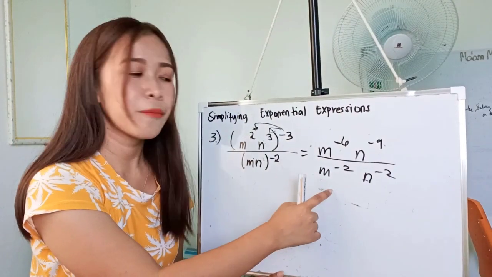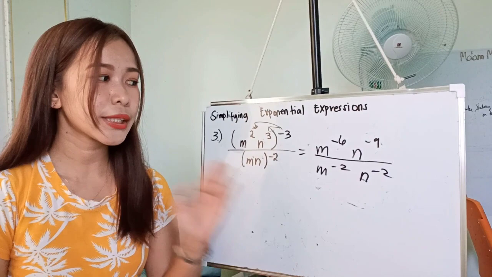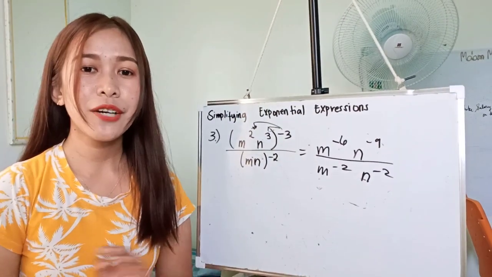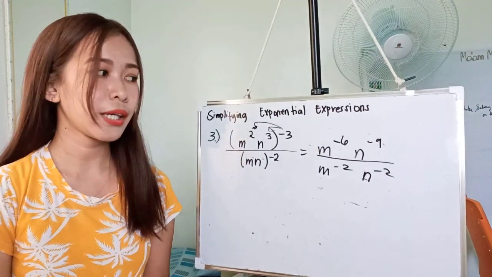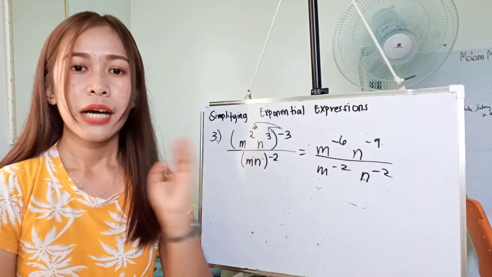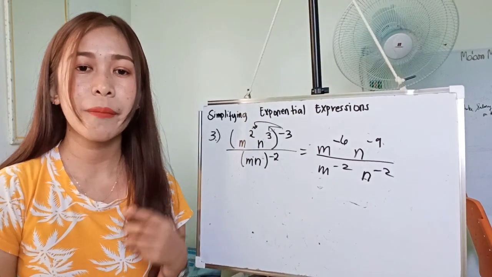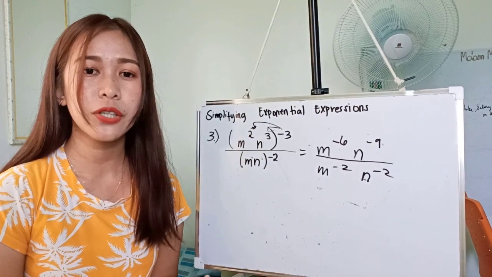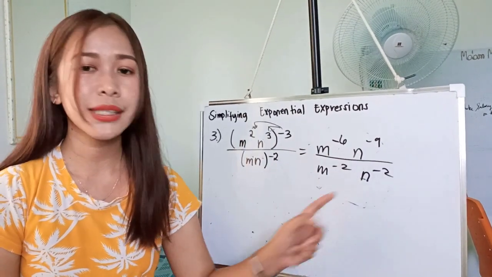So, we have m raised to negative 2 times n raised to negative 2. And as you can see, puro negative yan. Anyway, meron ditong dalawang steps kung paano mo siya masisimplify. Pwedeng isubtract mo na to kasi under the quotient rule, whenever na magdi-divide ka ng expressions na may exponent or exponential expressions, you have to subtract the exponent. Basta parehas yung base, okay?